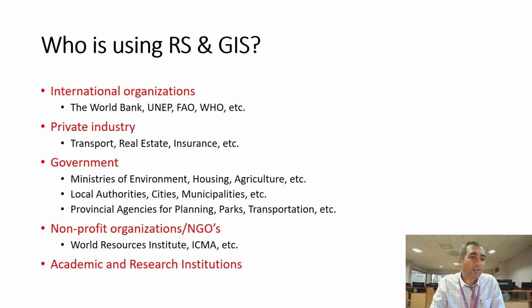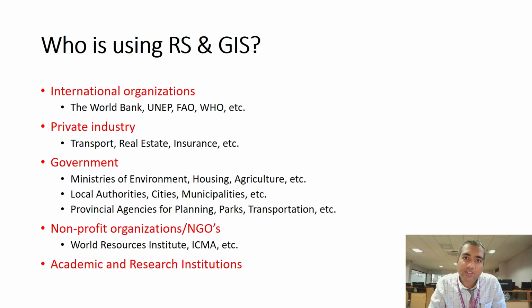Some international organizations such as World Bank, private industries such as transport, real estate, and insurance companies, and some government agencies such as Ministry of Environment, Housing, and local authorities, and some agencies related to transportation are also making use of this particular technology.